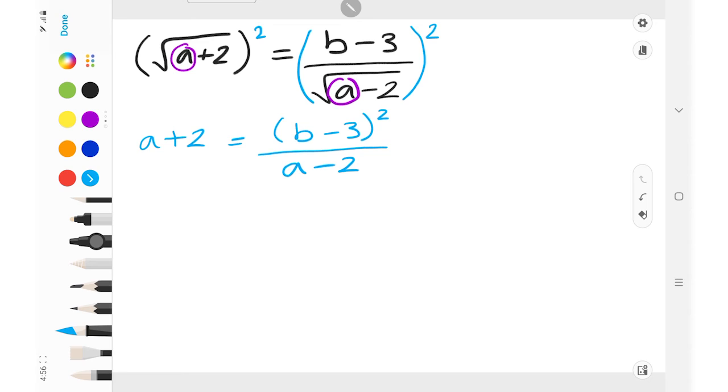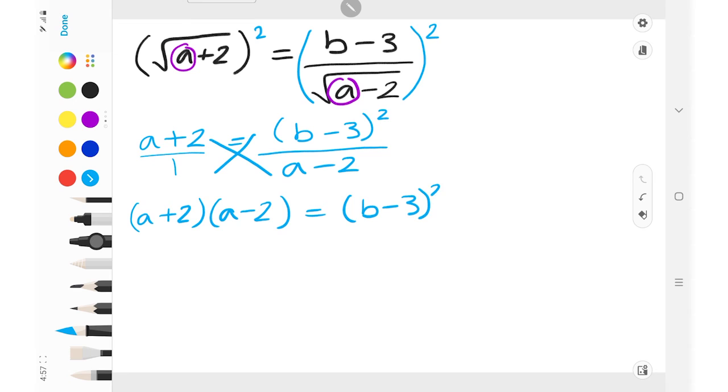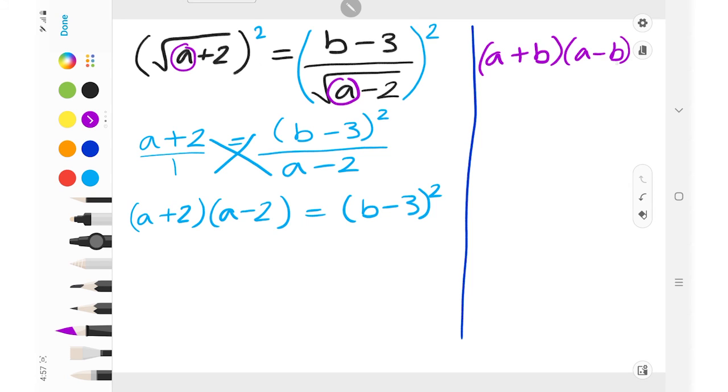Then I will cross multiply. So I will get here a plus 2 multiplied by a minus 2 equal b minus 3 squared. I will leave it as it is. Now I want to remind you of something. a plus b multiplied by a minus b will give me a squared minus b squared.